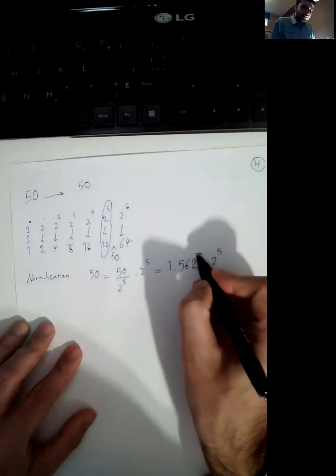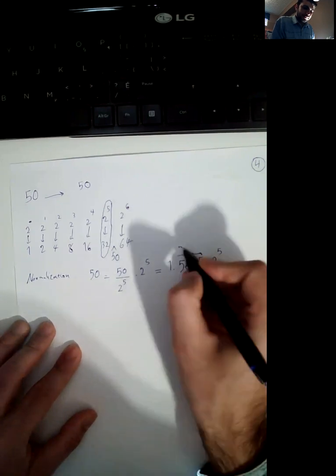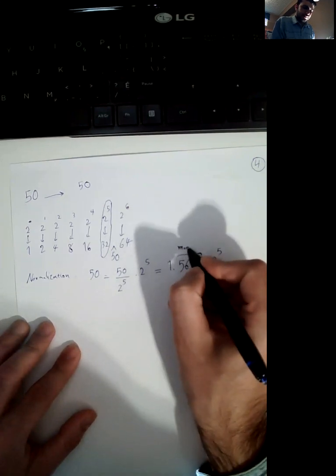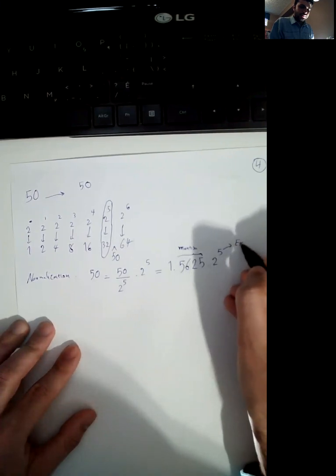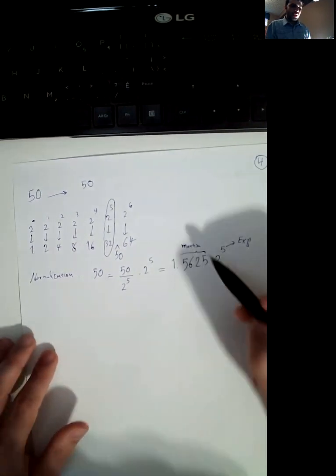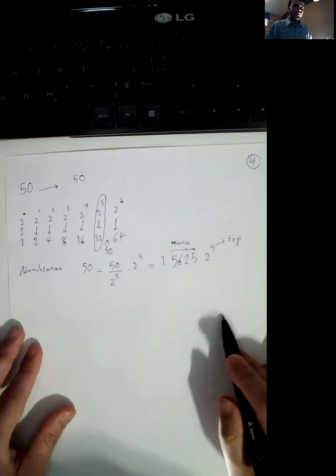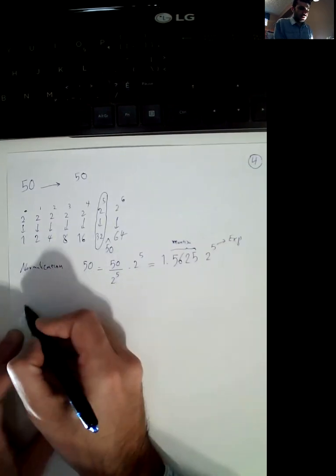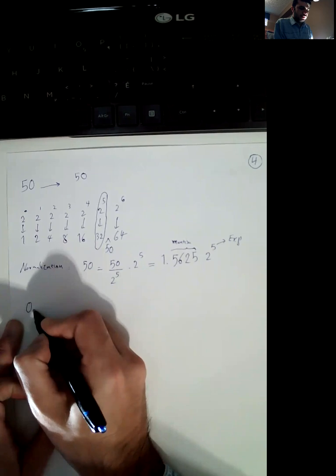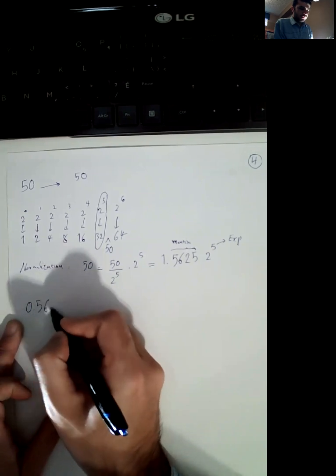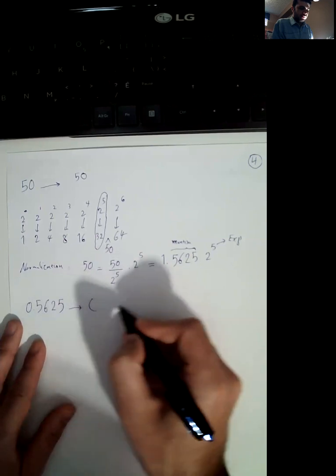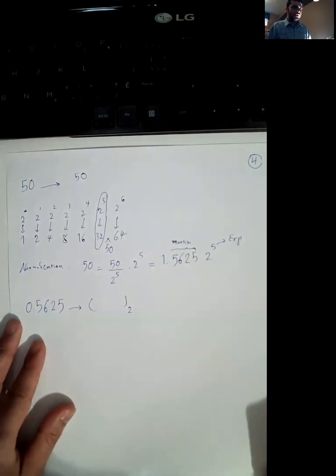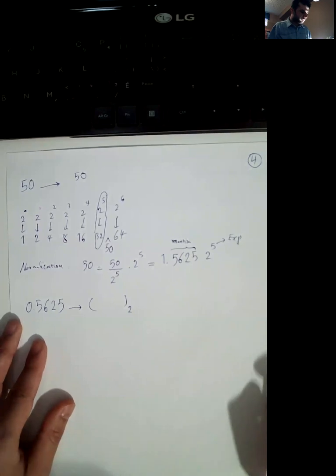Now this is the mantissa and this is the exponent. Now you should convert the mantissa and exponent to binary form as well. For the mantissa, which is 0.5625, what is this number in binary form?